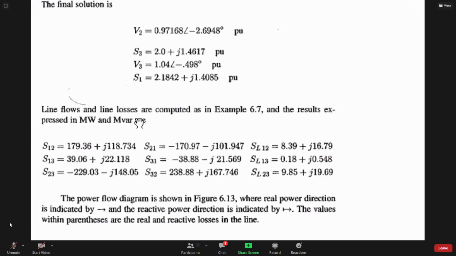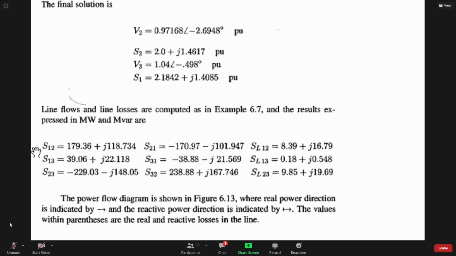If we consider that in terms of mathematics, how can we justify that S12 is not equal to S21? That is due to the loss, but how can we justify it in mathematics or by derivation?